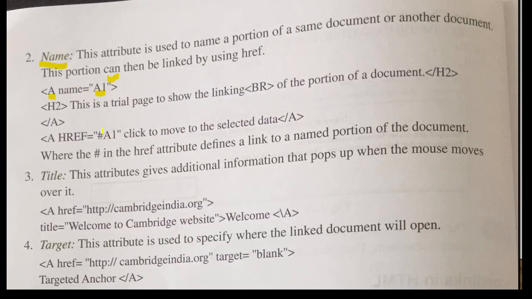Don't forget to insert the hashtag, the number sign, in the href attribute, which defines a link to a named portion of the document. So if you want to move to a specific portion of your document, you can use the name attribute of the anchor tag. Let's see how we can use this in our website.